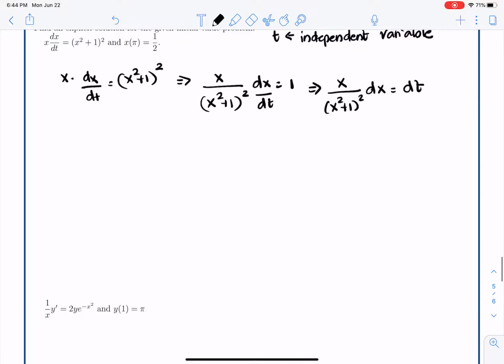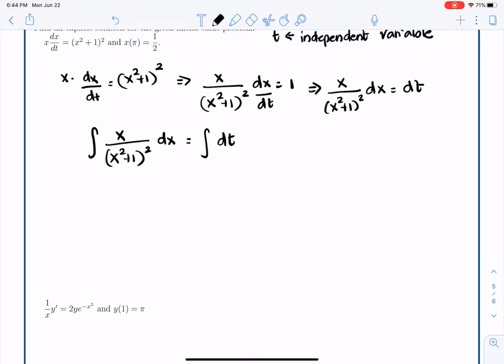And integrate, because I have all x terms on one side, t terms on the other side, and the left hand side can be integrated with substitution.